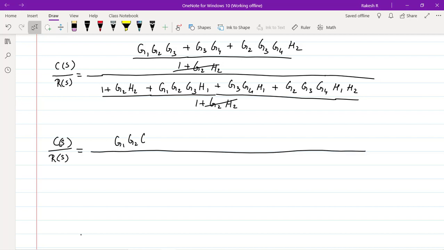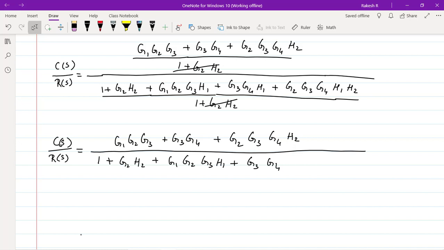G1 G2 G3 plus G3 G4 plus G2 G3 G4 H2 divided by 1 plus G2 H2 plus G1 G2 G3 H1 plus G3 G4 H1 plus G2 G3 G4 H1 H2.